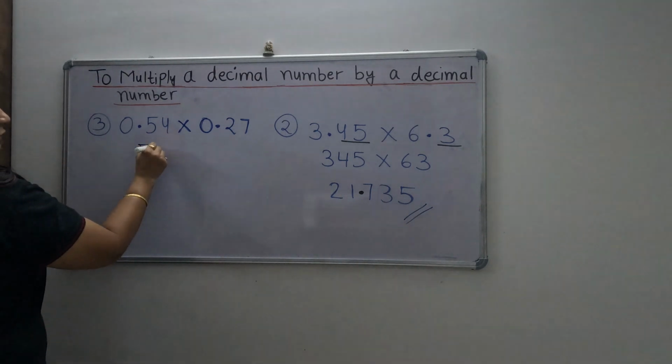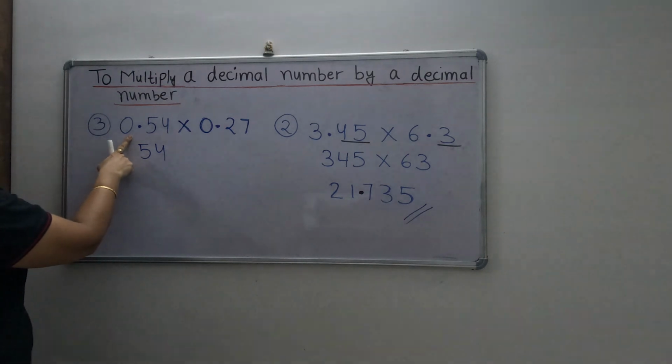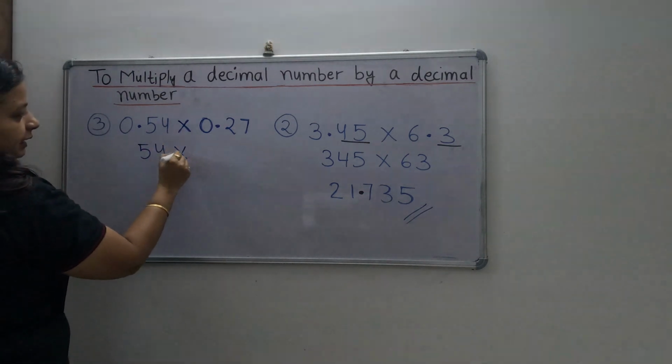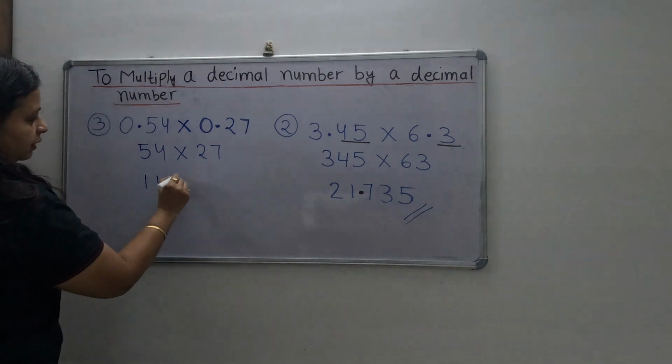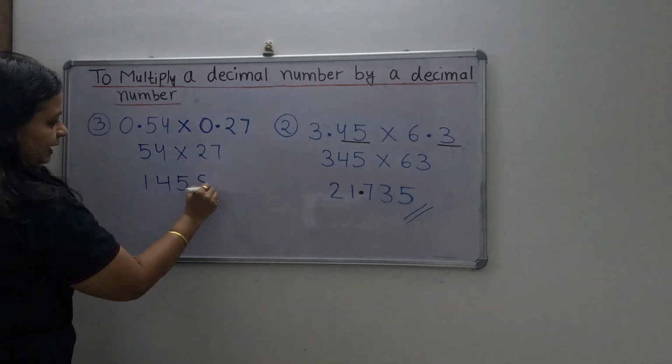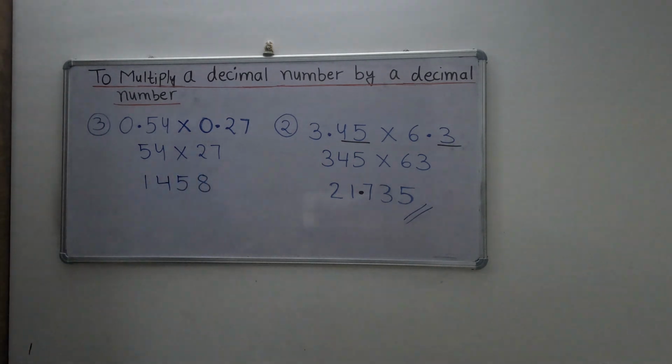So 0 you can ignore because it's before the number, 54 times 27. You will multiply normally. Right? So how will you multiply? 54 times 27, as you know it. So the product is 1458. Okay? 1458.